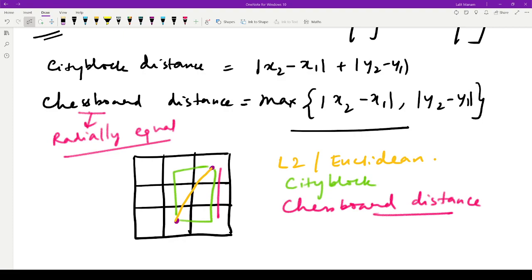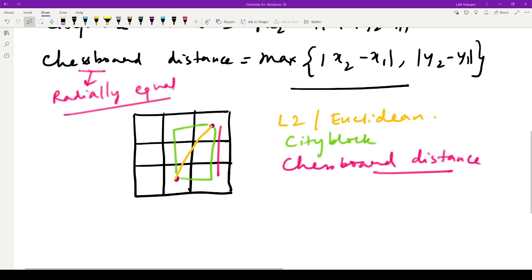For Euclidean distance, up and down, left and right will be the same, and the diagonals will have different values. For city block, again up and down, left and right will be the same, the diagonals will be different, but the values differ from Euclidean. So now it's clear what these three distances mean geometrically.